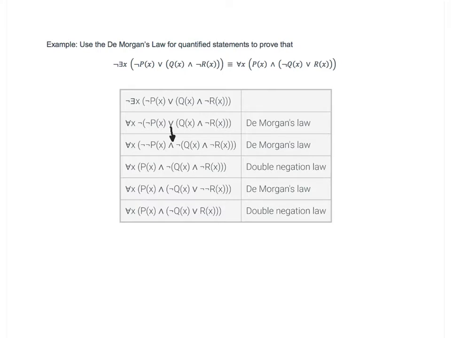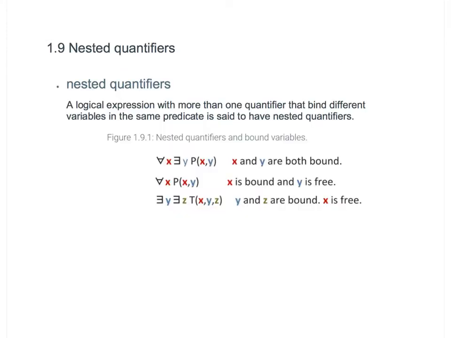So the negation of q of x and not r of x becomes not q of x or not r of x. If you apply the double negation law on not r of x, it becomes r of x, right? So the simplest form is the right-hand side expression in the logical equivalence that you see at the beginning of the slide, which is for every x, p of x and not q of x or r of x.